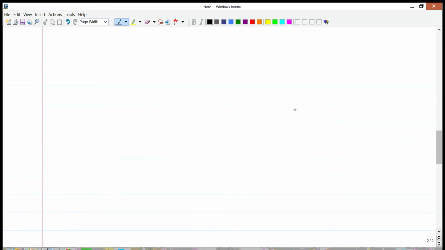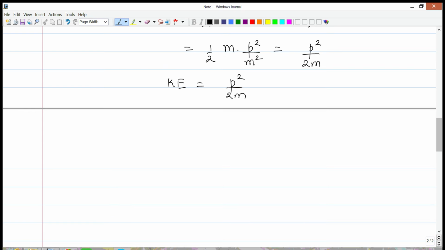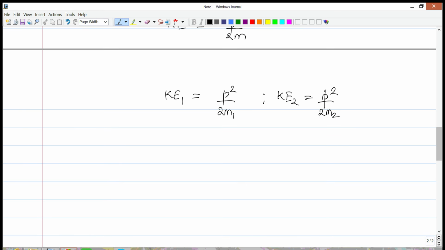And let's say that you have two objects with the same momentum but different masses. Then their kinetic energies will be, the first one will have p squared over 2 m1, and the second one will be equal to p squared over 2 m2. So now you can compare their kinetic energies.